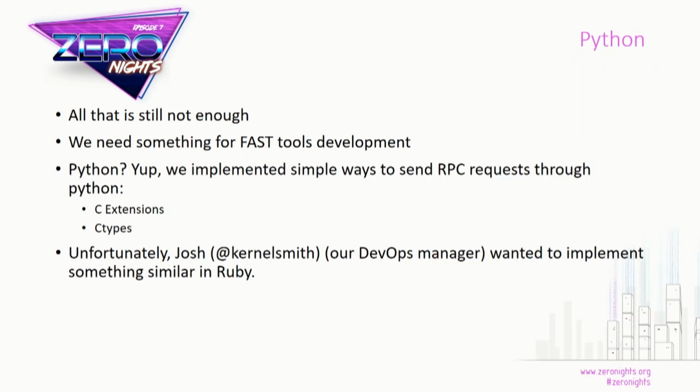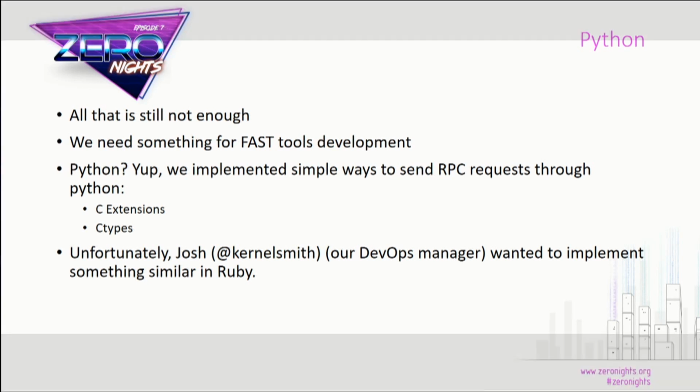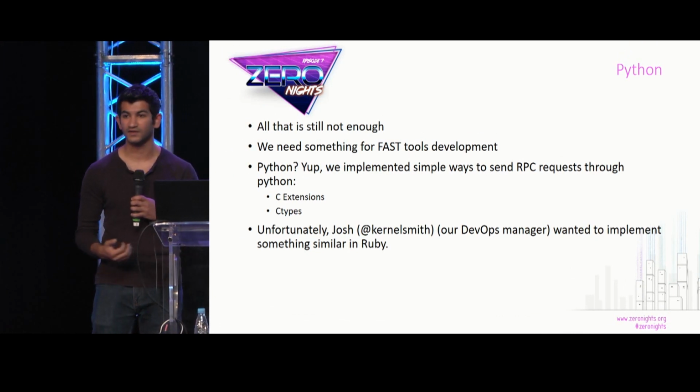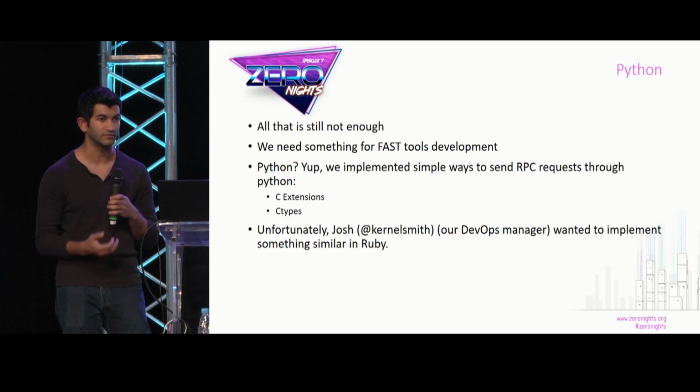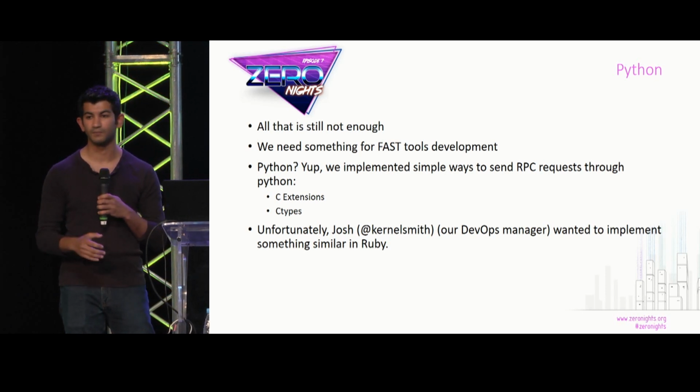We are very much a Python shop, and anything we can do that's going to be accessible through Python is beneficial to us. We have fuzzing frameworks in Python, and we like to do things in Python. We also want to be able to query the interface from Python naturally. And so we have two methods of doing that. One is a C extension, and then one is pure Python using ctypes, which is a foreign function interface for Python.